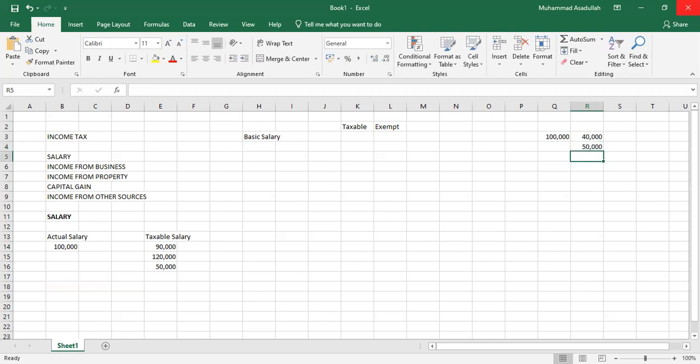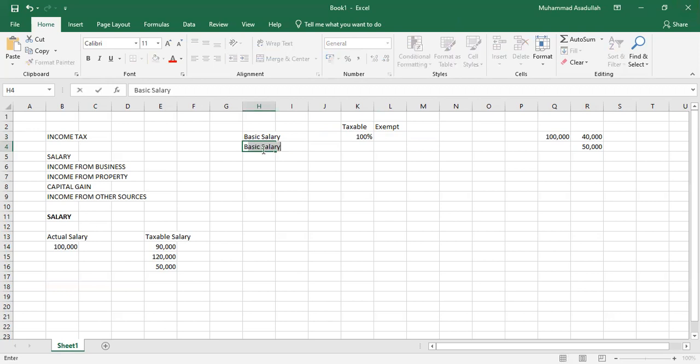So basic salary is actually a part of your total salary. As far as basic salary is concerned, it is 100% taxable and it is not exempted. How we will calculate, I'll confirm later. First, we should know what the Income Tax Ordinance rules are regarding each element.